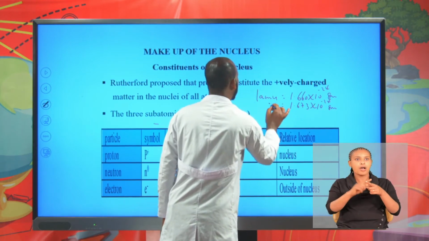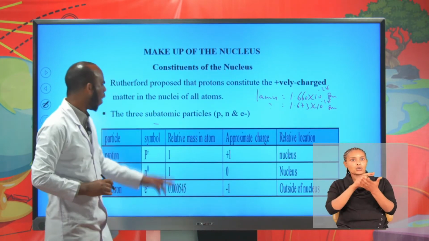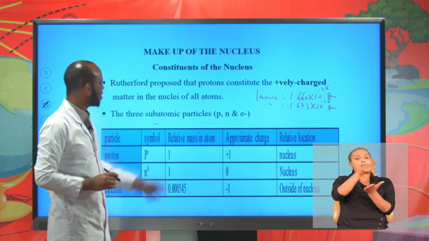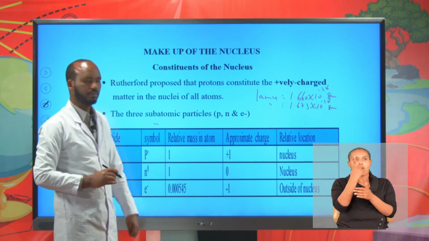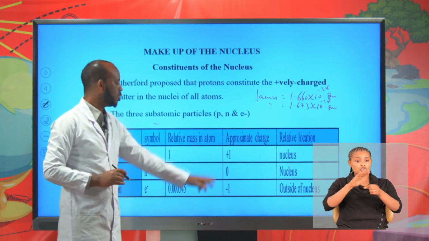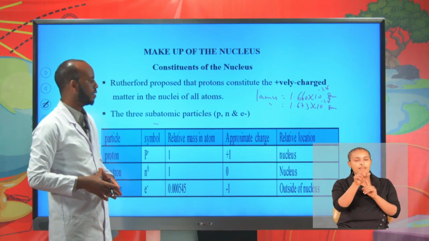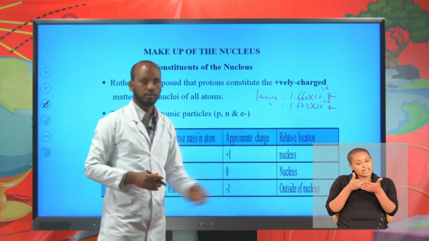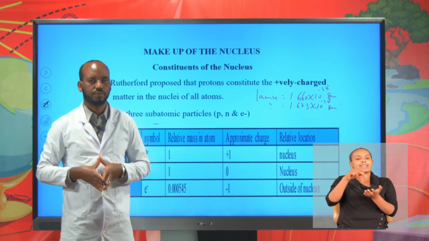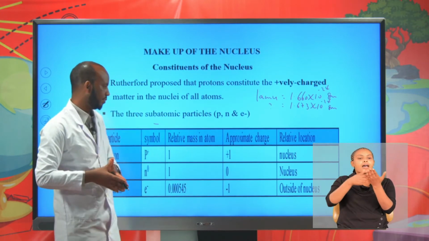Relative mass of a proton in atomic mass units is 1. Approximate charge is +1. Relative location: the proton of the atom is found in the nucleus of that atom.